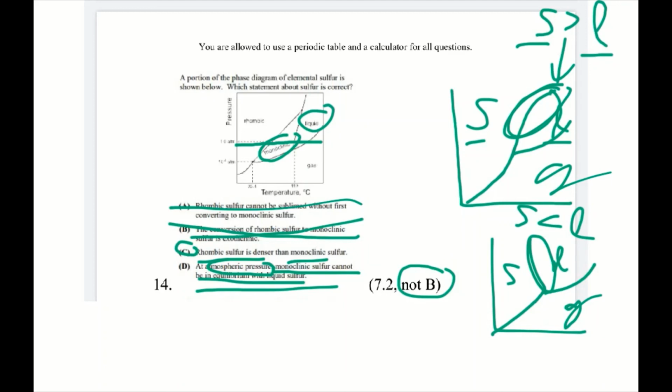Can they be at equilibrium at 1 atm? Yes, they can. Remember, the equilibrium between two states occurs on the boundaries, and it just has to cross the boundary here. Since at 1 atm it can cross this part of the boundary, monoclinic and liquid can be at equilibrium at atmospheric pressure. So that means that D is out.